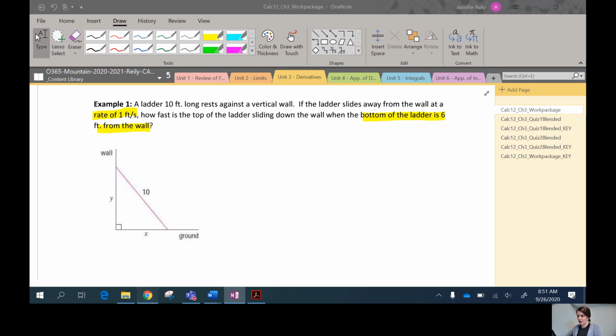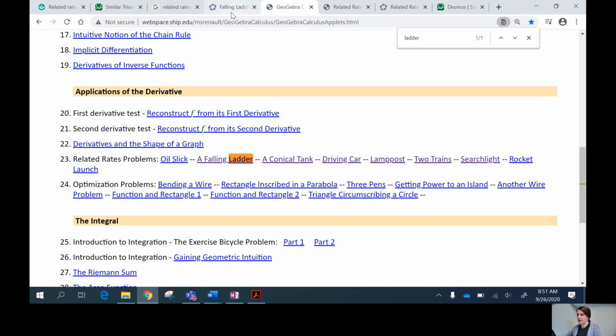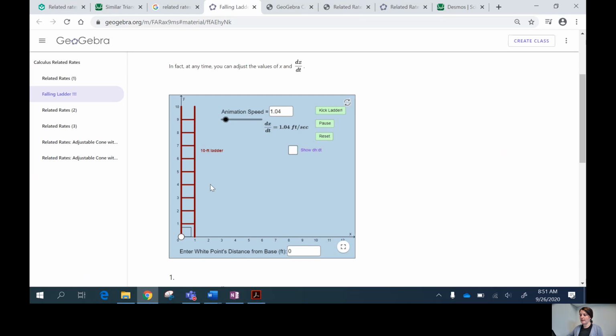I have a little applet here to show you so that you can visualize this a little bit better. Sorry, that's the wrong one. There we go. So here's our 10-foot ladder, and they have a slightly different setup. They have slightly different variables, but anyways, you can see what's going on when I play the animation.